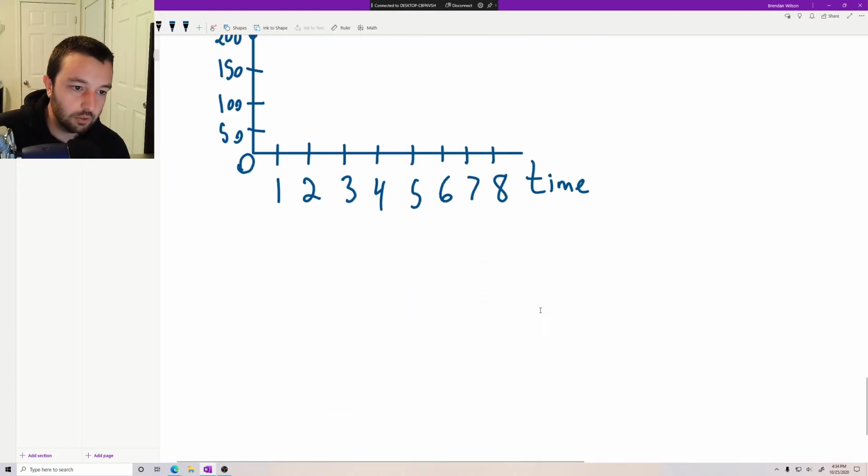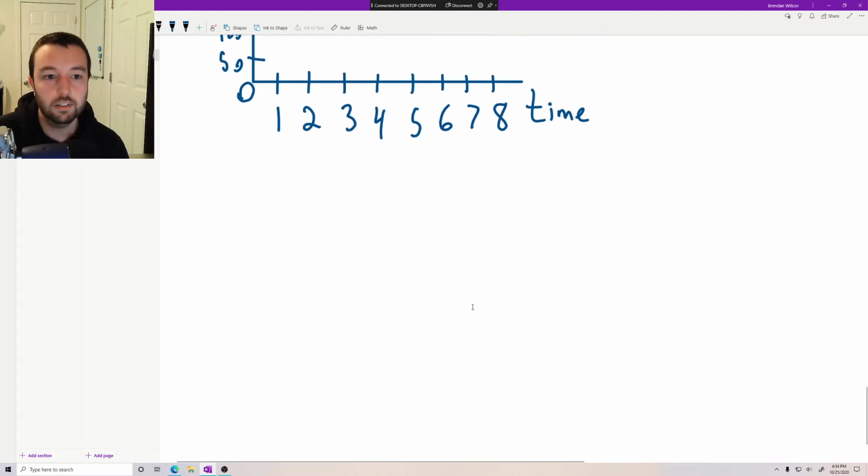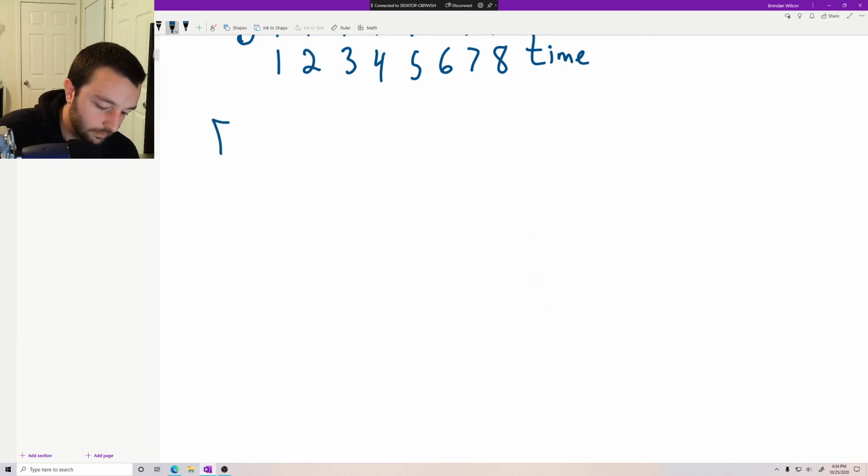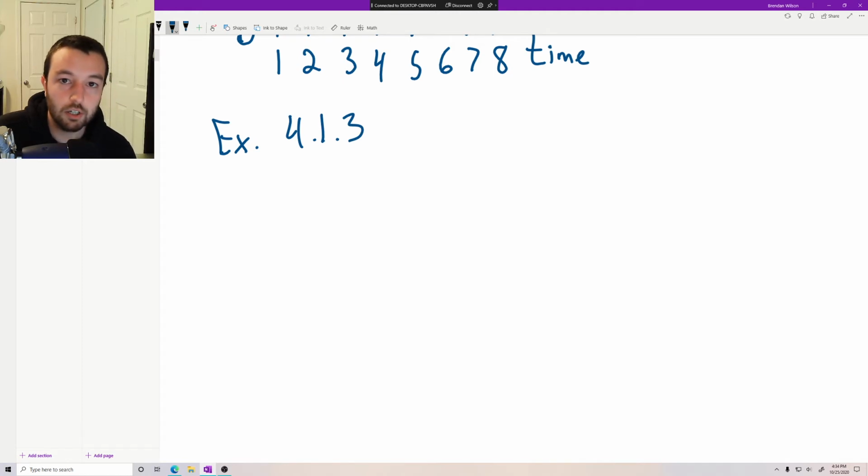So things can also decrease linearly. Okay. So let's think about this example in the book, example 4.1.3. It talks about car depreciation.